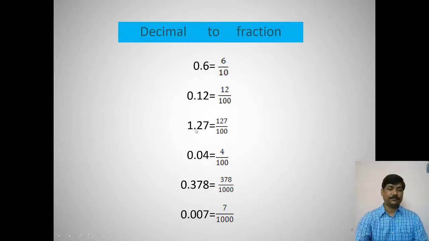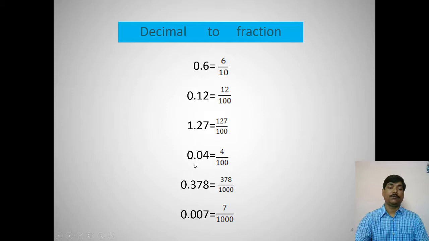Now 1.27 represented in fraction form: remove the decimal, the whole number will be 127, and in the denominator we write 1 and add zeros to the right of 1. How many zeros? Here the digits are 2, so we write 2 zeros.